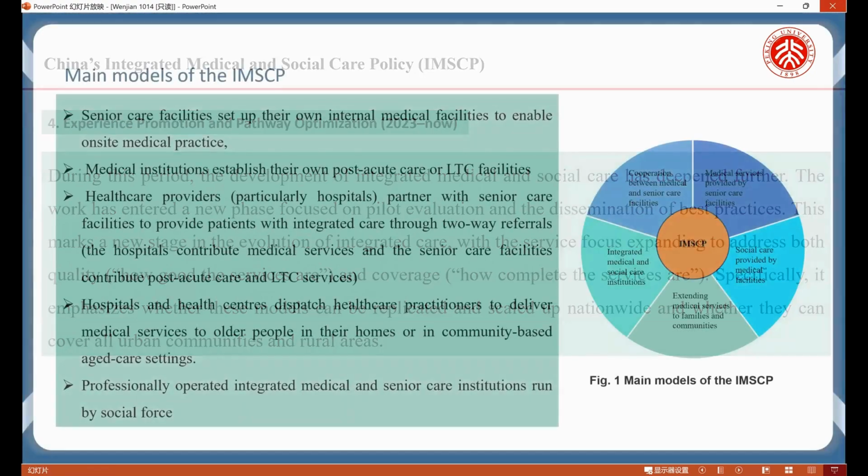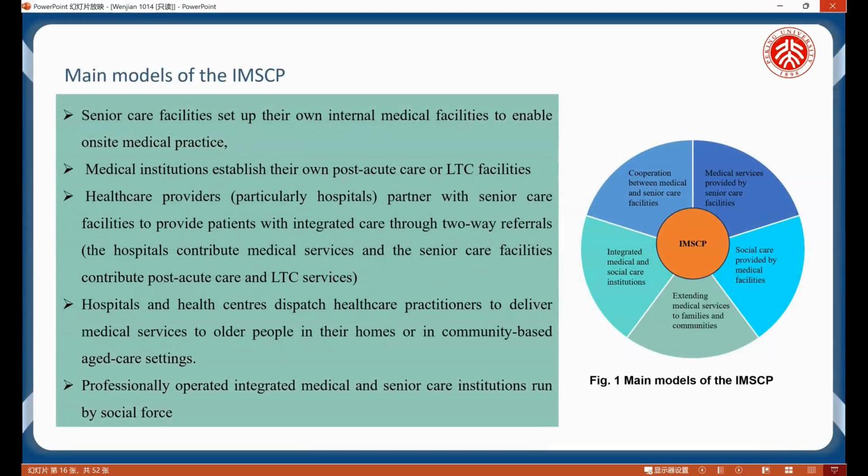Here are five main models of the IMSCP. The first one is senior care facilities setting up their own internal medical facilities to enable on-site medical practice. The second is medical institutions establishing post-acute care or long-term care facilities.